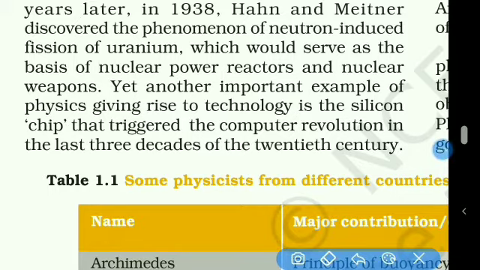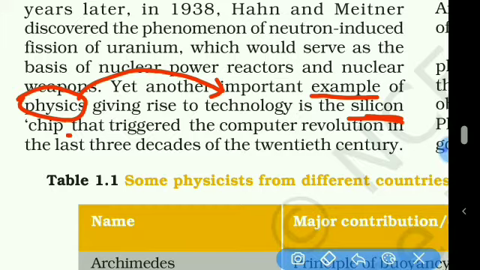Now, here one more example is given of physics which gave rise to technology: the silicon chip. Students, as I gave the example of the computer revolution, the size of the computer was reduced, the speed of the computer increased, and many other features were improved in a computer.